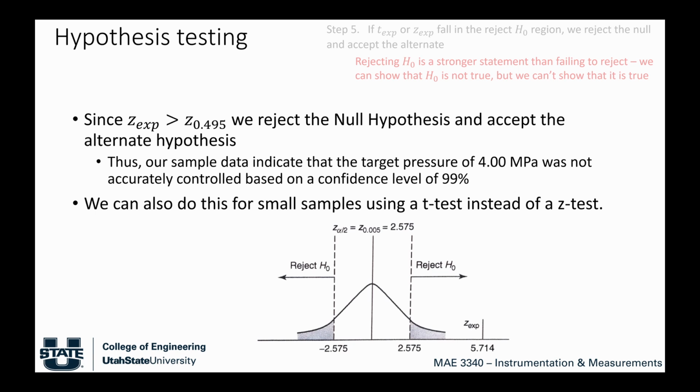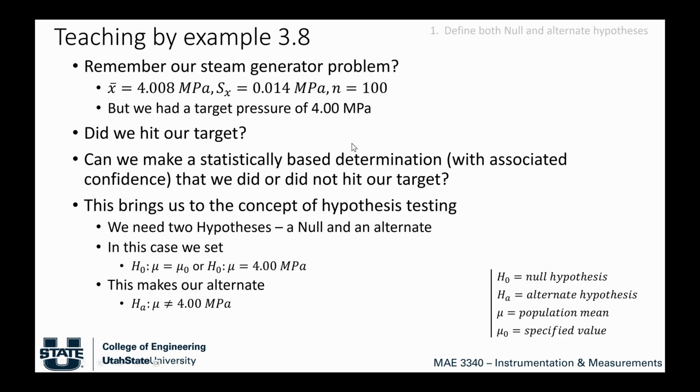This was not controlled up to a 99.9999, whatever that value is that gets us close to that Z experimental. You could do that if you needed to. Right now we can just say we reject the null hypothesis and we accept the alternate hypothesis that we set. And so if we go back to review those two, the null hypothesis is that it was 4, we reject that. That means we accept that it was not 4 megapascals.